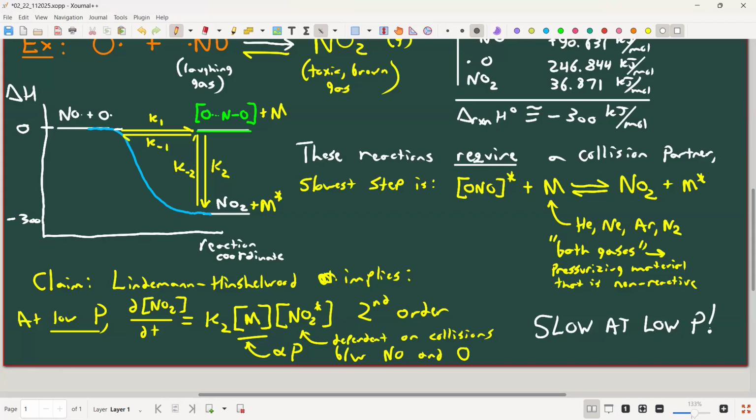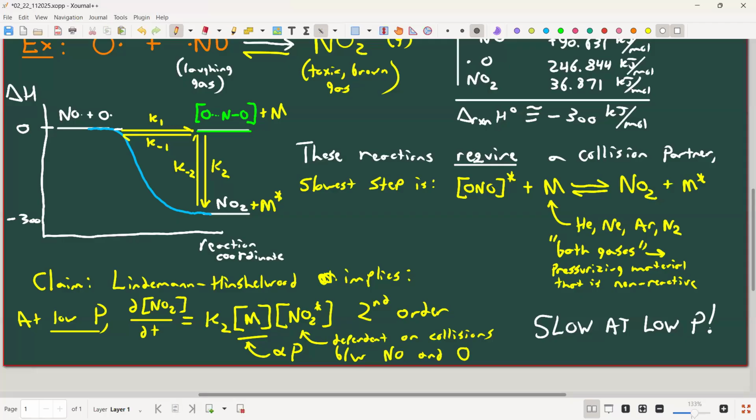It becomes harder and harder for a collision to suck that energy out of the collision complex. There's a bigger gap between this point and this point. For efficient collisions, you want the gap to be as small as possible. You want a small energy gap because you just want something to come in here and whip that energy away. But the larger the energy gap is, the harder it is to pull all that energy out. You might need multiple collisions to do it. You go from here, hit a collision, then you hit here, hit another collision, and you get down here.